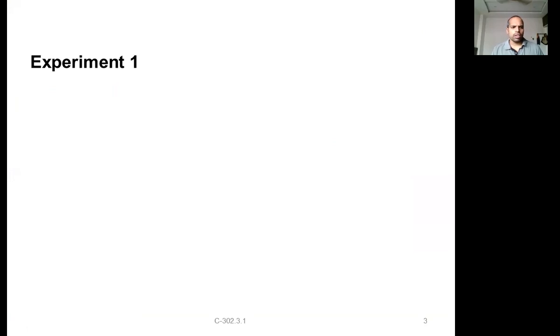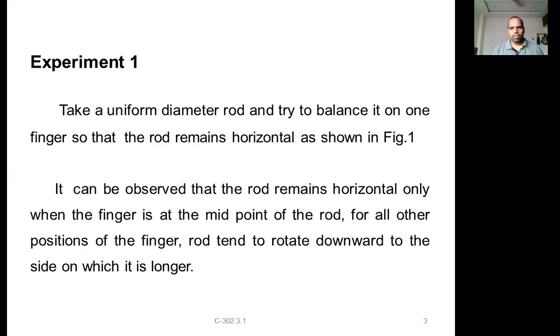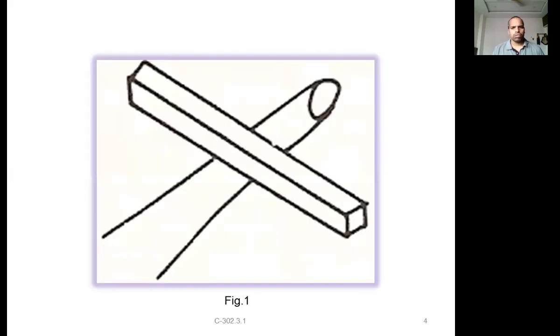It is related to general life, it is not engineering, just observe how it is. Take a uniform diameter rod and try to balance it on one finger so that the rod remains horizontal, as shown in the figure.